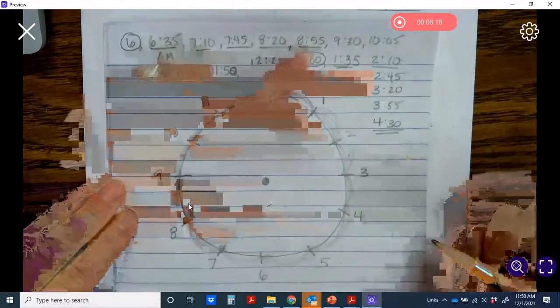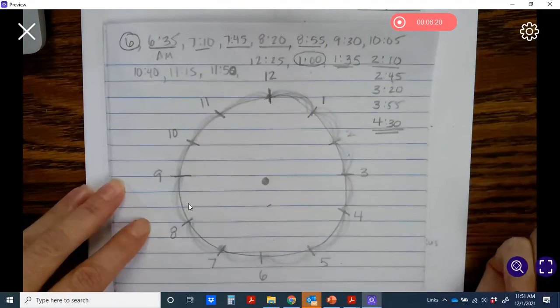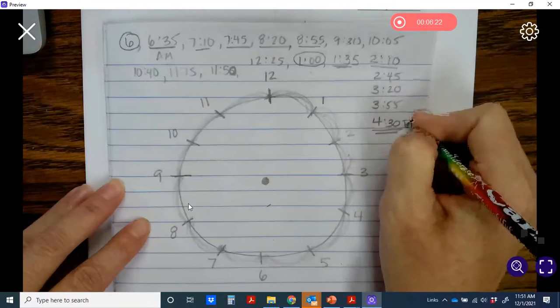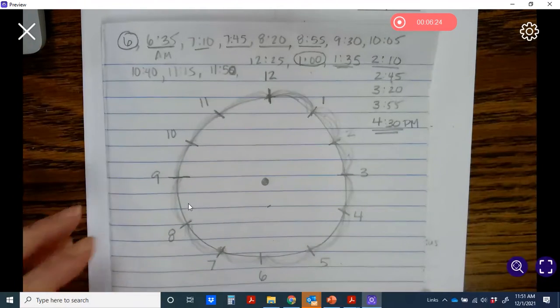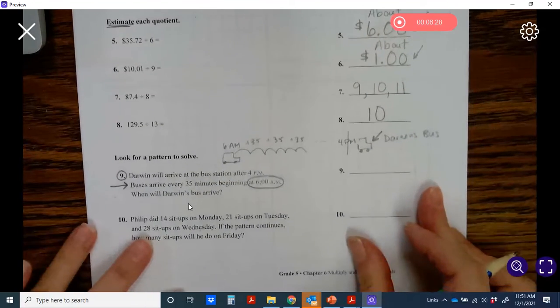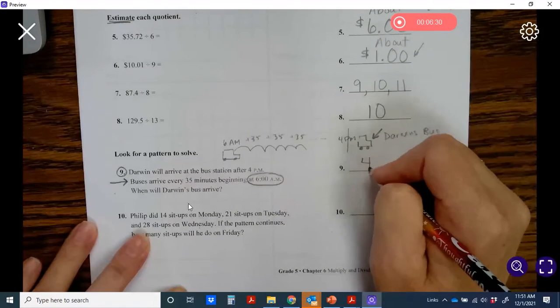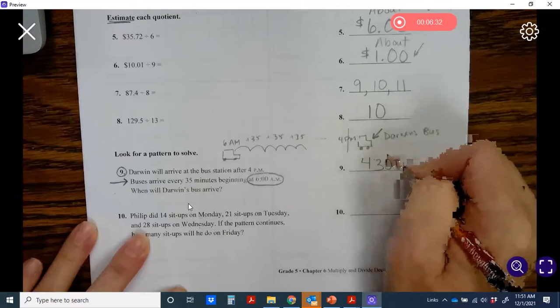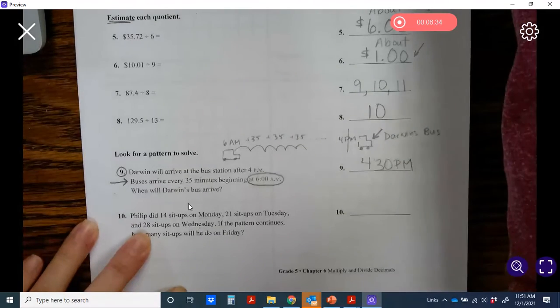So that's kind of like the pattern. So it'd be 4:30 p.m. All right, so the answer to question 9 is 4:30 p.m.